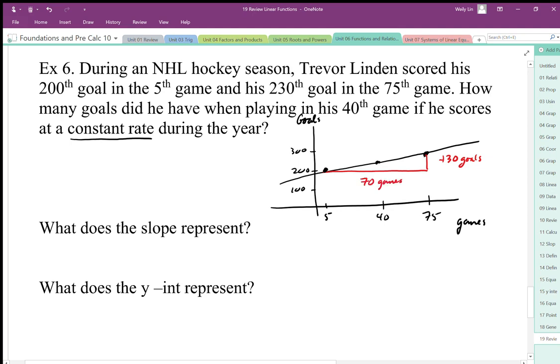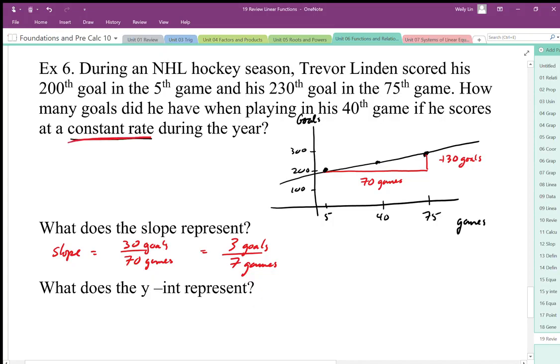So my slope is going to be 30 goals per 70 games. We can write that as 3 goals every 7 games, or as a decimal, 0.42 goals per game. So there's our constant rate.